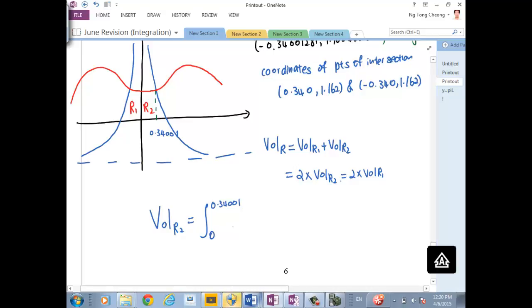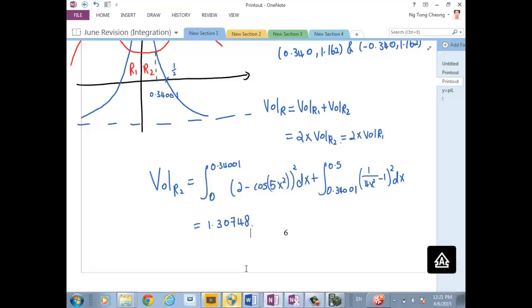Then it's rotating about the x-axis, so I will have the red curve. Then it's also bounded by the blue curve. Then I'll get the volume of my R2.